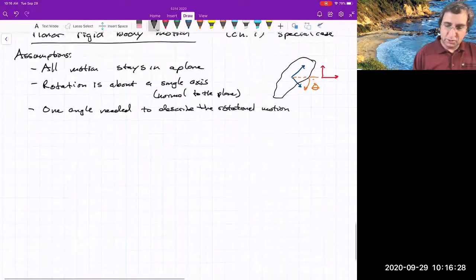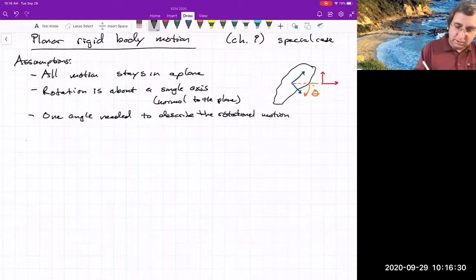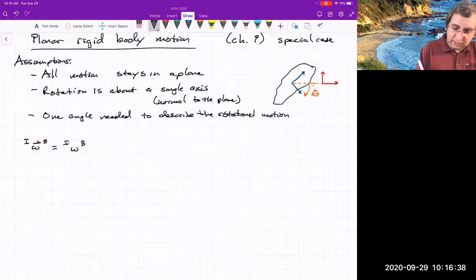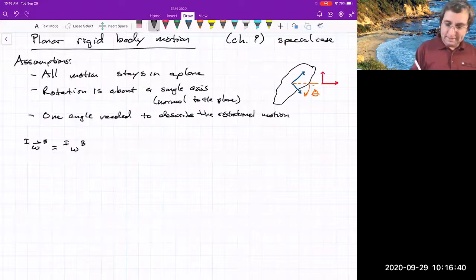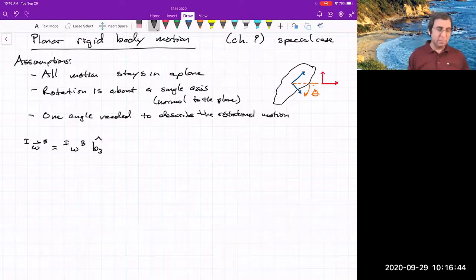If we have this situation for planar rigid body motion, then the ever confusing three-dimensional angular velocity vector becomes just an angular velocity scalar with the axis that's B3. So we only need to deal with a single scalar component.